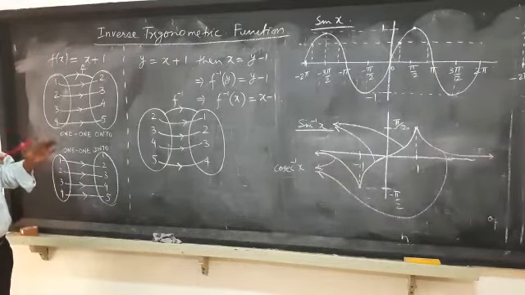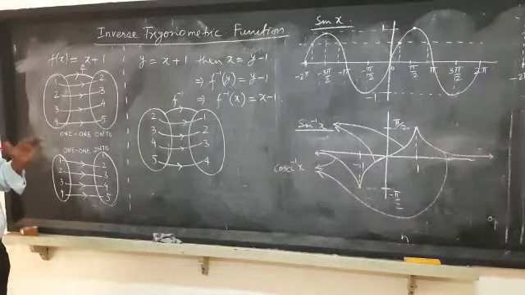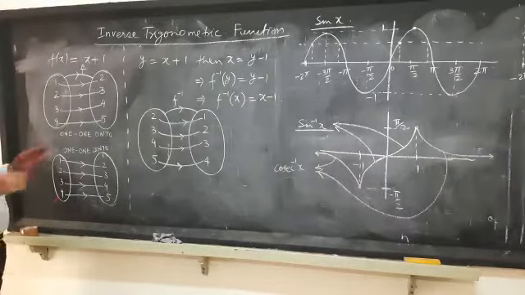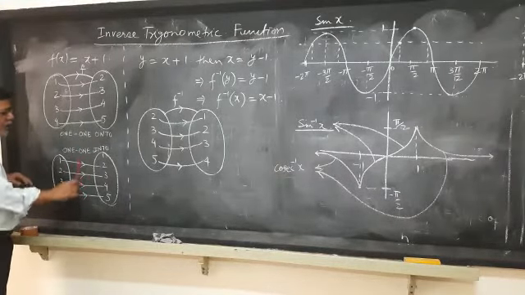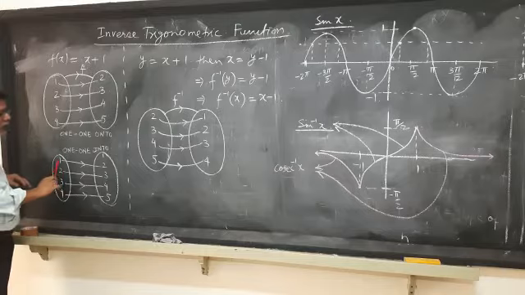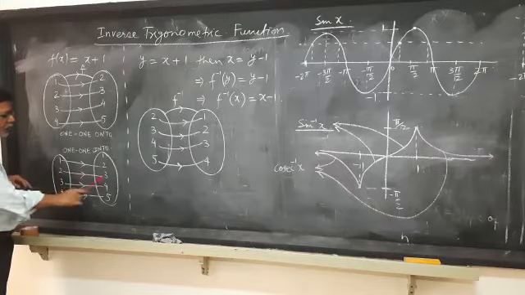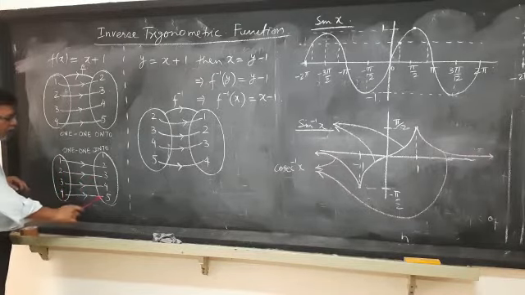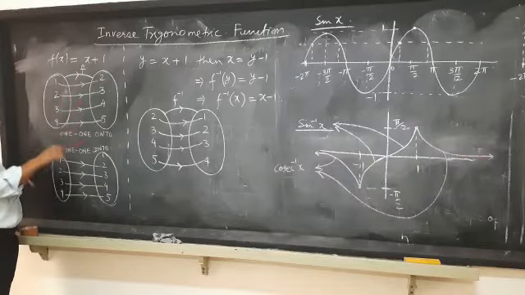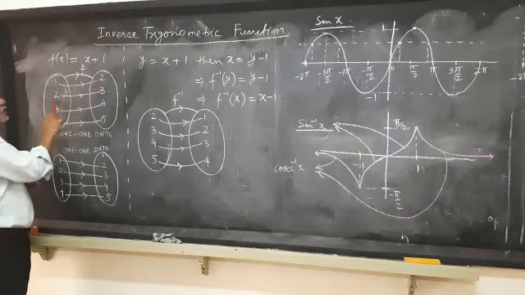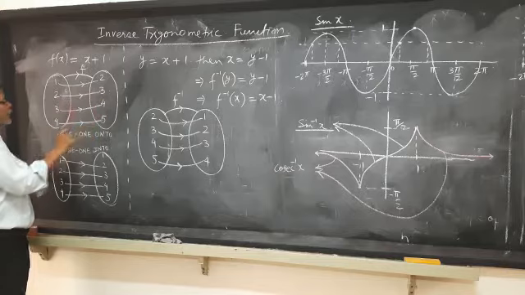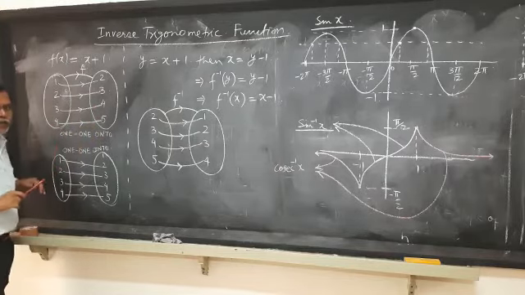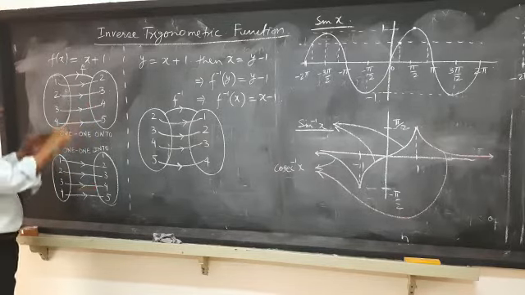Means the mirror f, or function f, is treated as a mirror. If you put the mirror in between, then the image of 1 will be 2, 2 will be 3, 3 will be 4, 4 will be 5. Similarly over here, 1's image will be 2, 2's image will be 3, 3's image will be 4, 4's image will be 5. So there is a difference between these two.